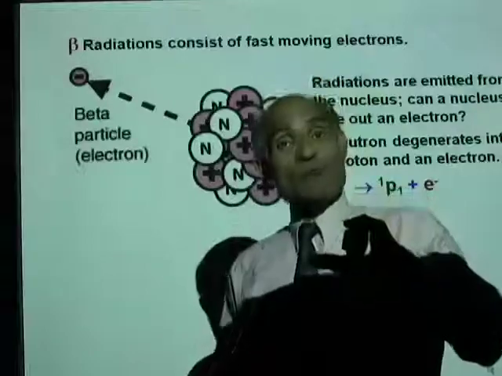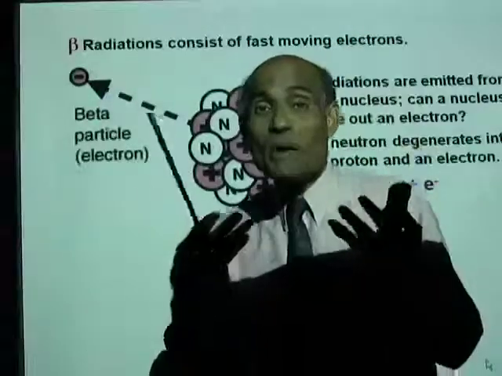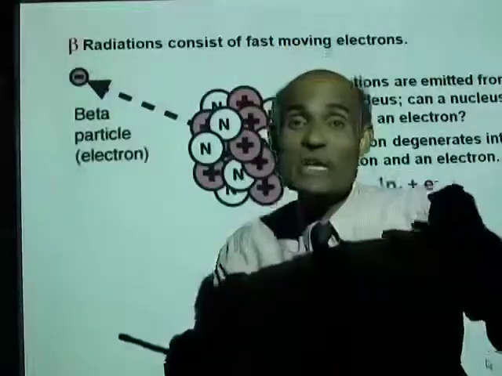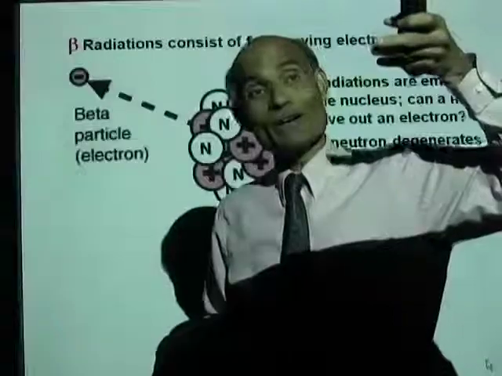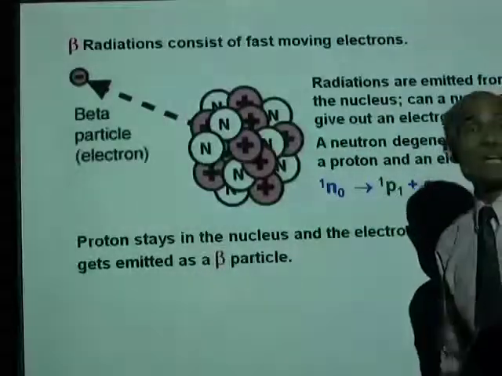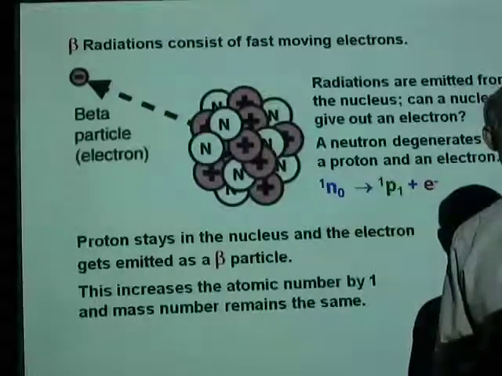That means you have now gone one step higher. Look at this. If you can make an element beta active, you can create an element higher. Is that right? So, protons will stay in the nucleus and the electrons will come out as beta radiations.